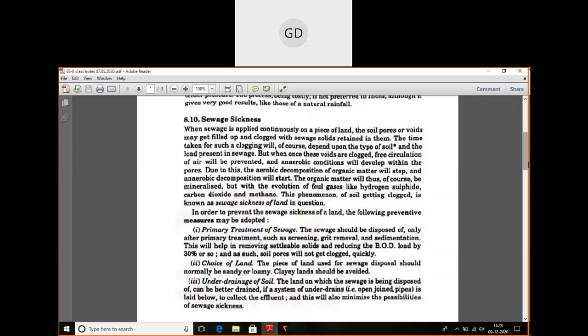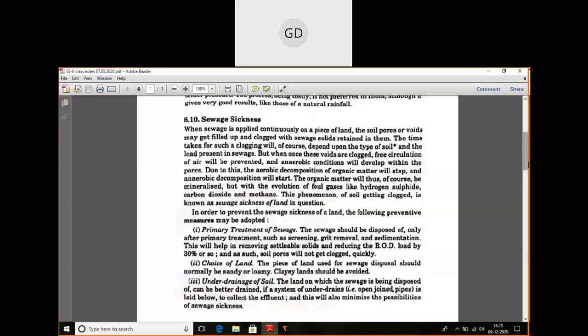Okay, so every problem has a solution, or you can say preventive measures. There are some preventive measures that should be adopted to prevent sewage sickness. So what are those preventive measures? Let us see. Number one is primary treatment of sewage.